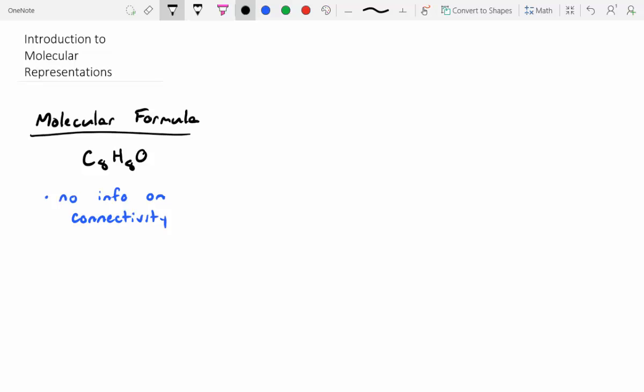All right, so the molecular formula, we don't use it a lot. We occasionally see it, but it just tells you really basic info. We do see something called the condensed structure semi-regularly. And with the condensed structure, we get more info on connectivity.